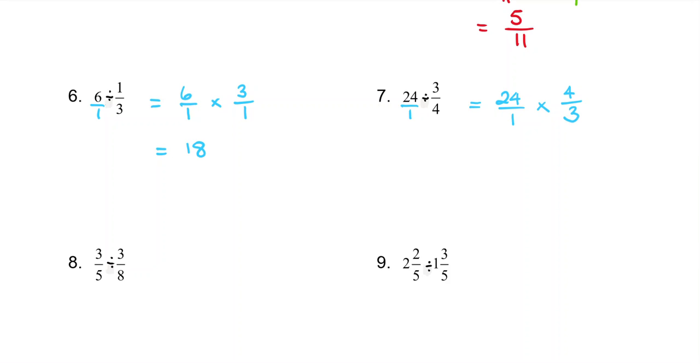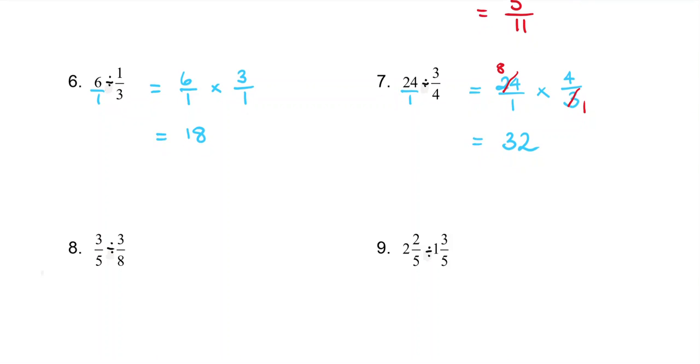I'm going to divide by 3. 24 divided by 3 goes 8 times. 3 divided by 3 goes once. Okay, the other diagonal, nothing happens. So let's times what is left. 4 times 8, or 8 times 4, is 32. On the bottom, 1 times 1 is 1, but a denominator of 1 I don't need to write. Okay, next question.